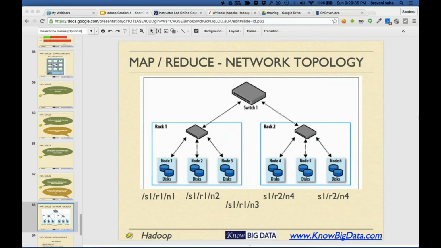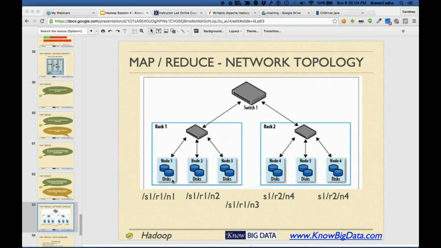Okay, for example, here node 1 means s1/r1/n1. So you have to write a small script which converts an IP address into a path like this. Okay, because the folder structure, the file system, is a very good example of a tree, right?